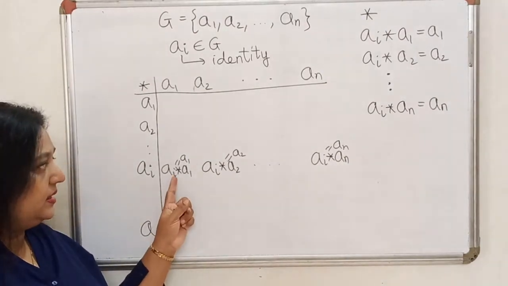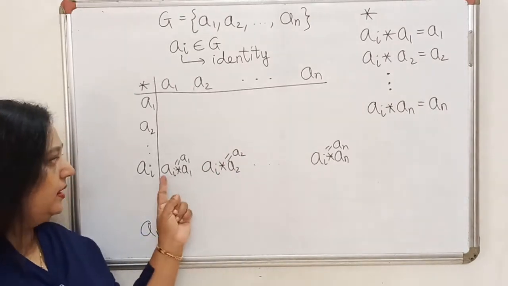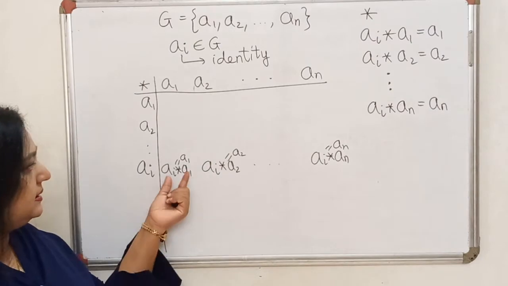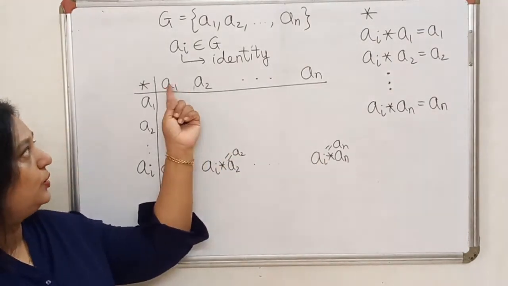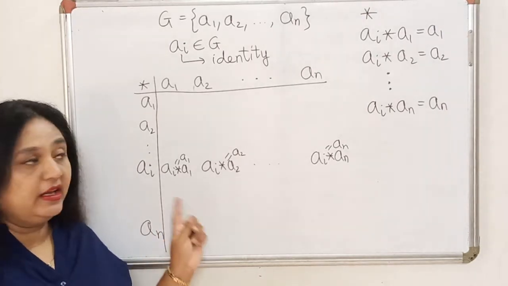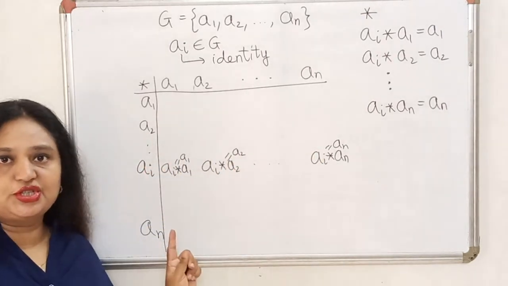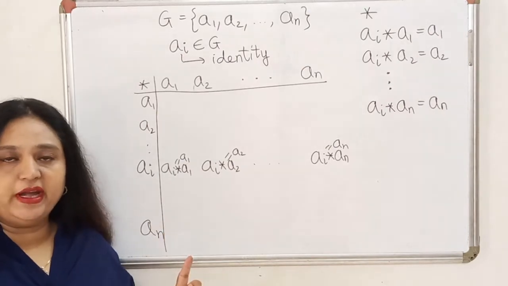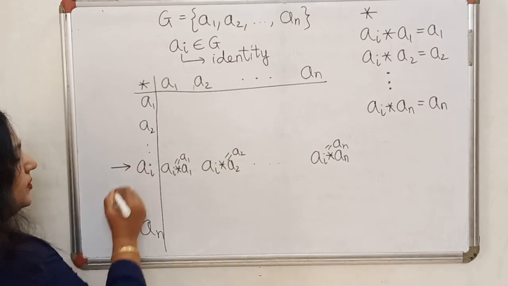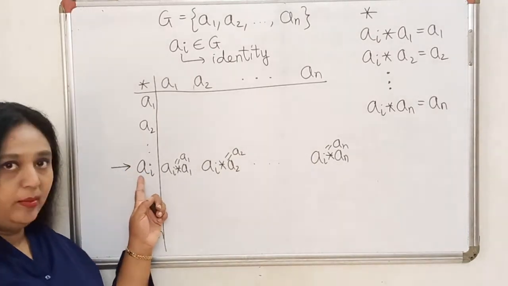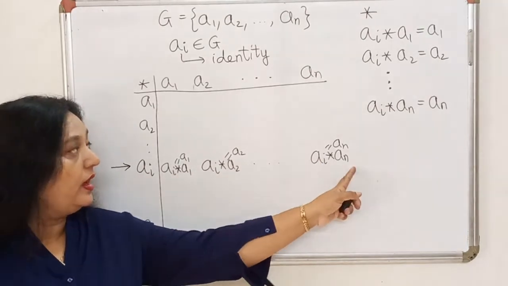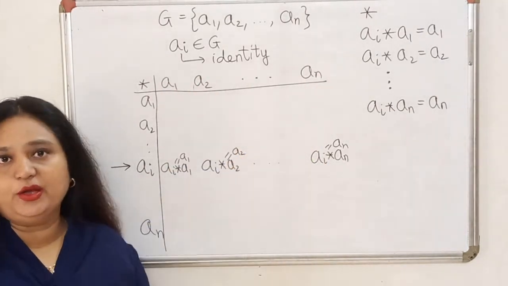So notice that in this row, I will get A1, A2, ..., An, and this is identical to the heading row. So this tells me that if I construct my composition table and I need to find out which element is going to be the identity, then look for an element corresponding to which the row is identical to the heading row.